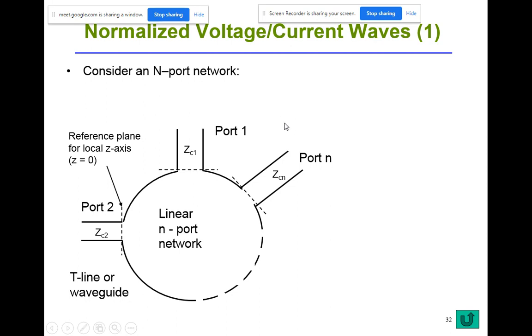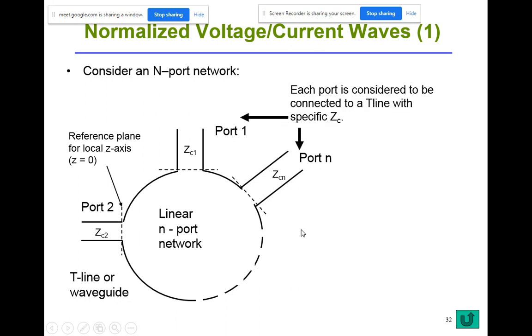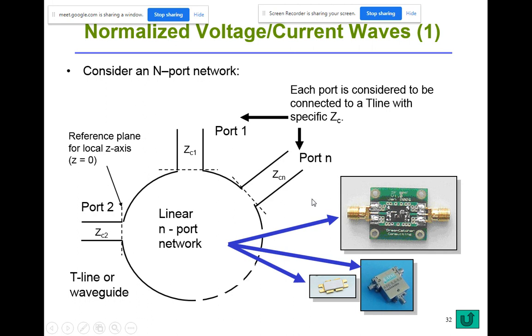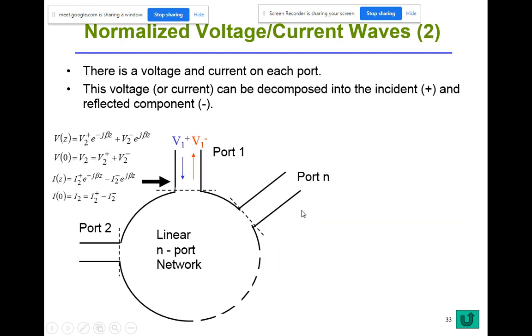So it is best to look at the signal as wave. That's why S parameter is very useful, especially at very high frequency like millimeter wave, 5G system, 6G system, where you probably need to use S parameters.